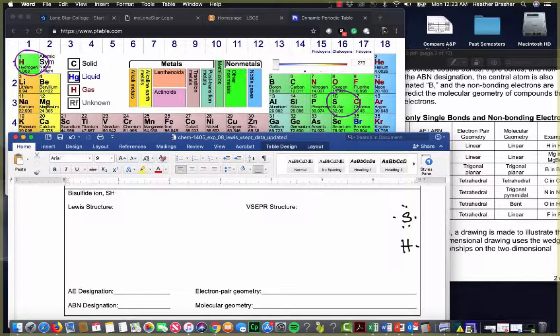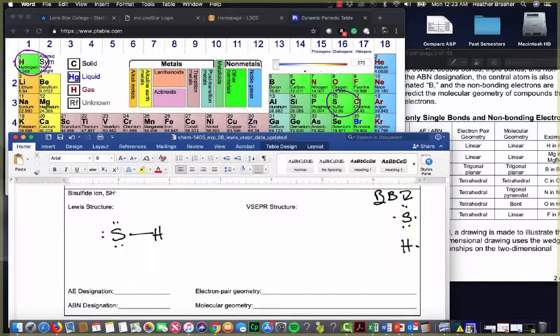So we know that this one has the capability of making 2 bonds, so he's going to be the center. And then we have hydrogen here for 1. Well, the thing is that he is not stable because he is not completely bonded. He doesn't have his whole octet.